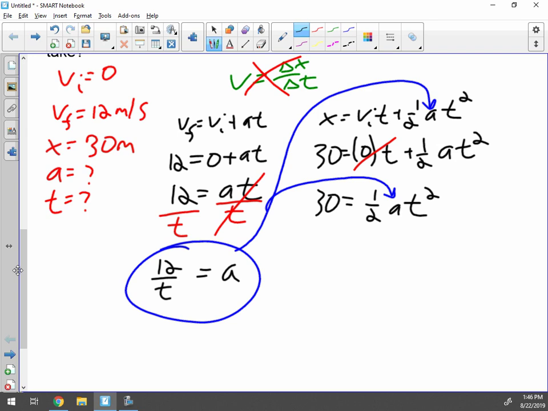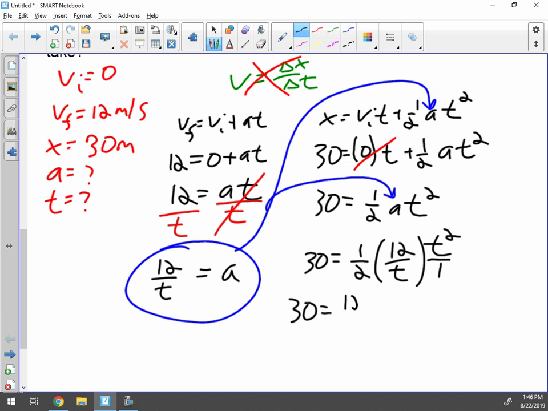So I would have 30 equals 1/2 times 12 over t, squared. I'm going to rewrite this as 30 equals, looking at my numerators, I have a 1, a 12, and a t squared. And in my denominator, I have a 2, a t times 1, and that's just 2t.